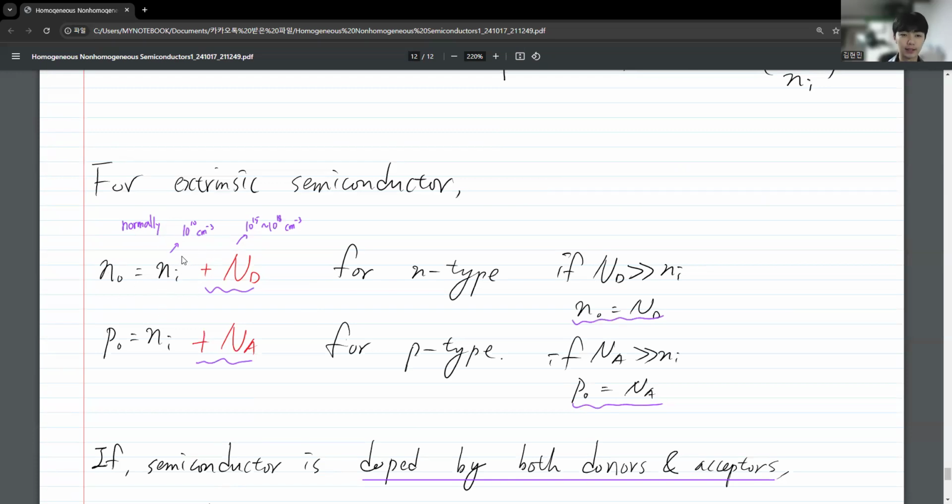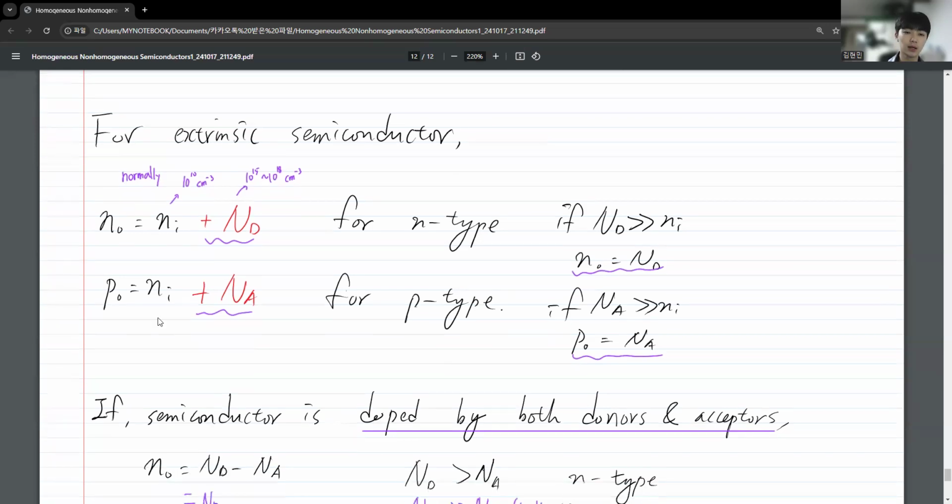Normally ni is 10 to the 10, but ND is 10 to the 15 or 10 to the 18. So ND is bigger than ni, so n0 equals ND.